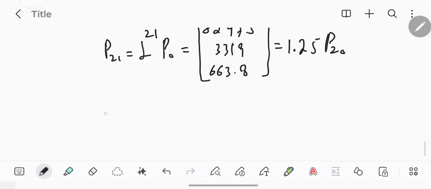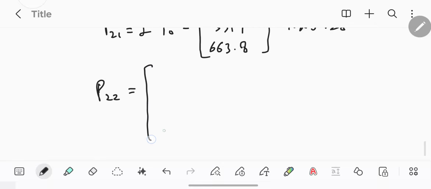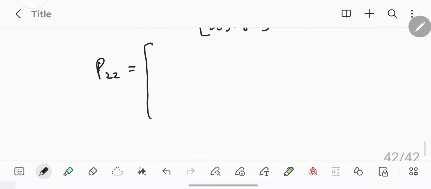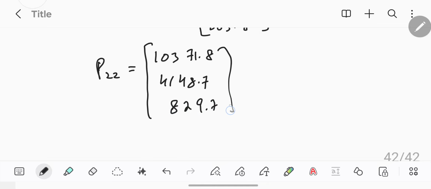Similarly, if I do P22, I will get this matrix, 10, 371.8, 41, 4.87 and 82 9.7.